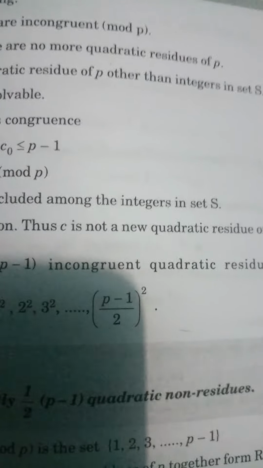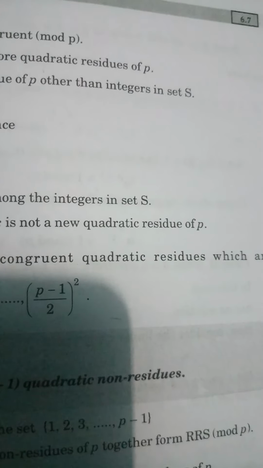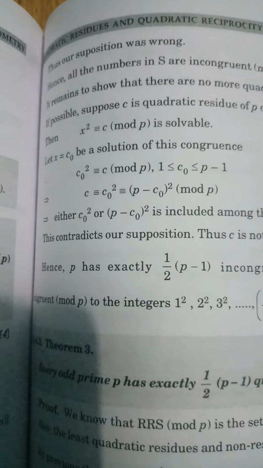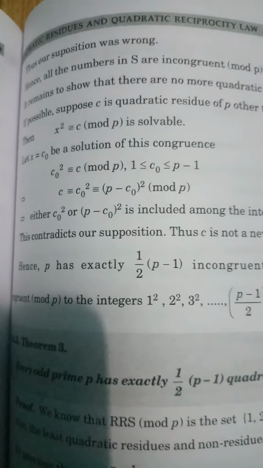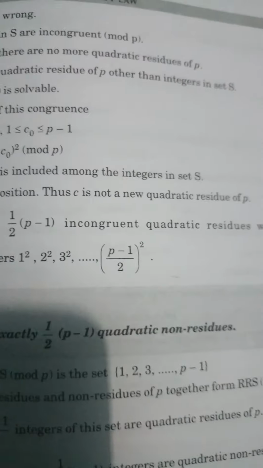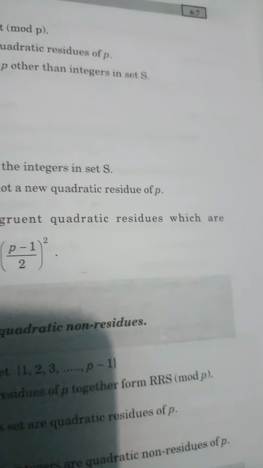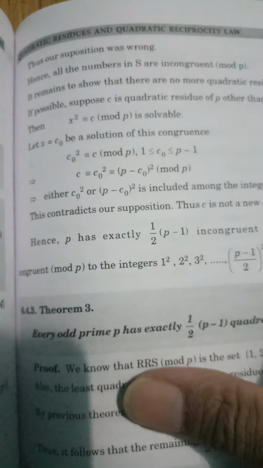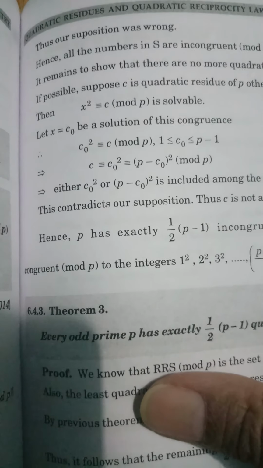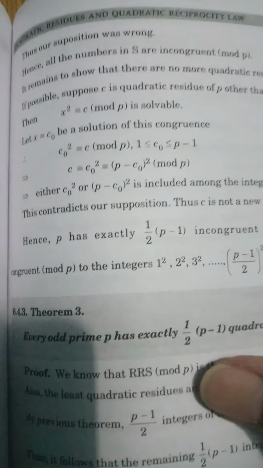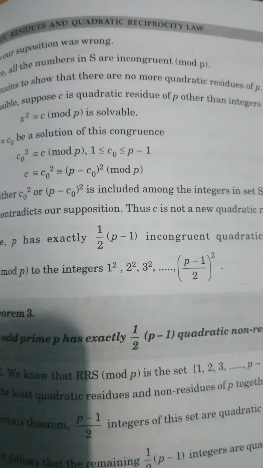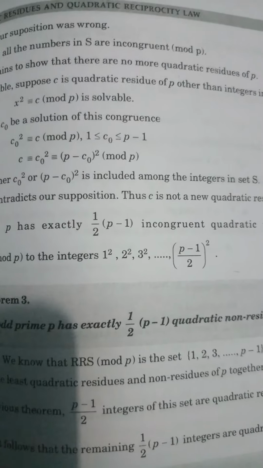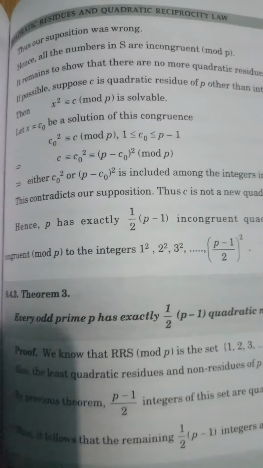So C is not a new quadratic residue of p. Hence p has exactly half into p minus 1 incongruent quadratic residues, which are congruent mod p to the integers 1 square, 2 square, 3 square, up to p minus 1 over 2 square.